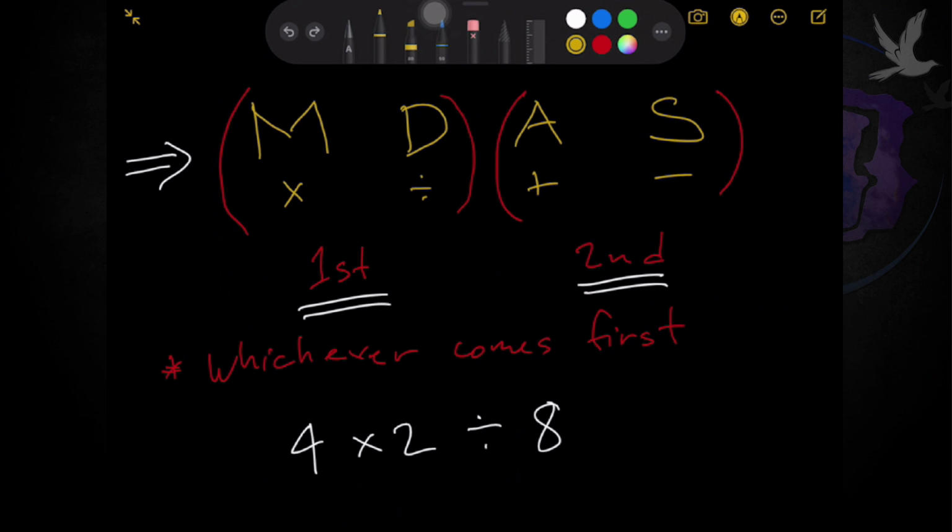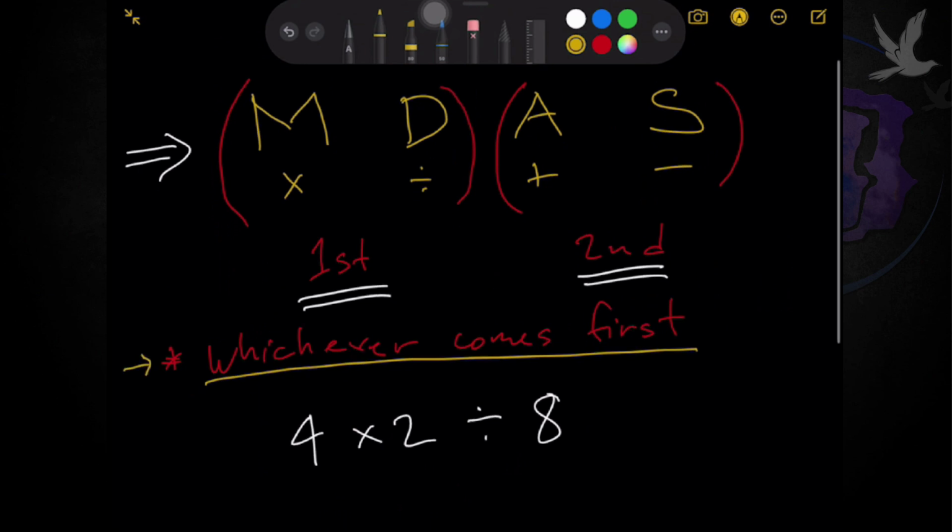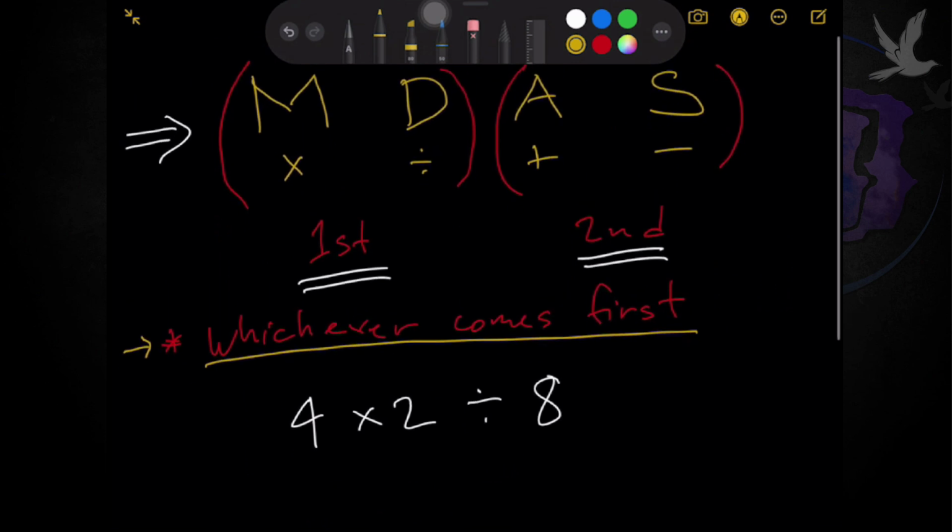Kasi nga, like what I've said, the rule says whichever comes first. They both belong to our first group, and since they belong to the first group, this rule will now be applied. Since multiplication comes first in this case, you have to deal with multiplication first.